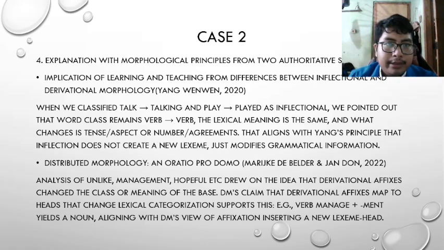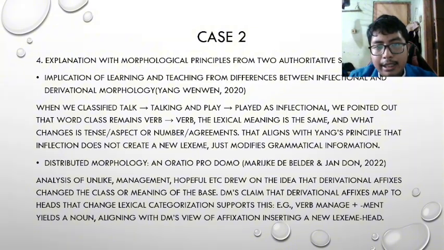The second source is Distributed Morphology, an oratio pro domo, by Marijke de Belder and Jan Don, 2022. The analysis of unlike, management and hopeful draws on the idea that a derivational affix changes the class or meaning of the base.